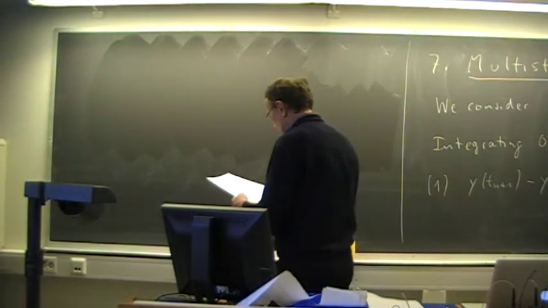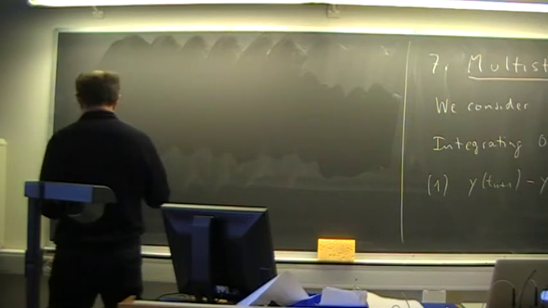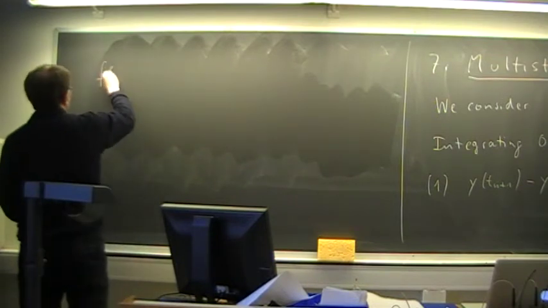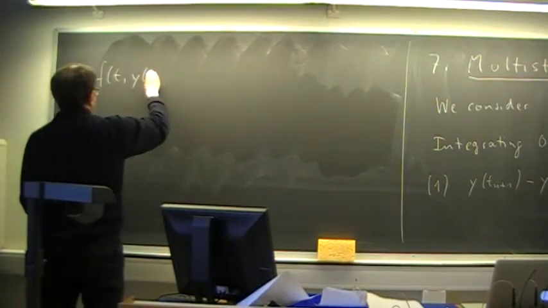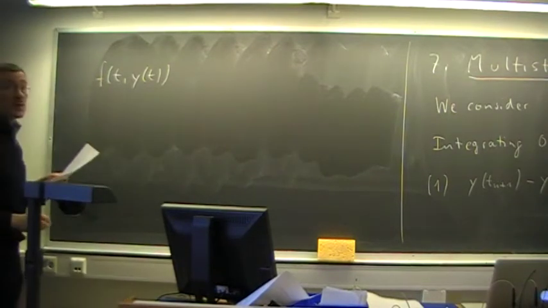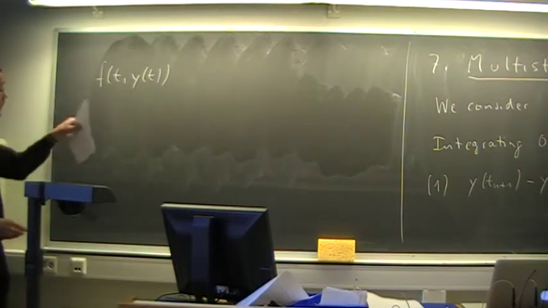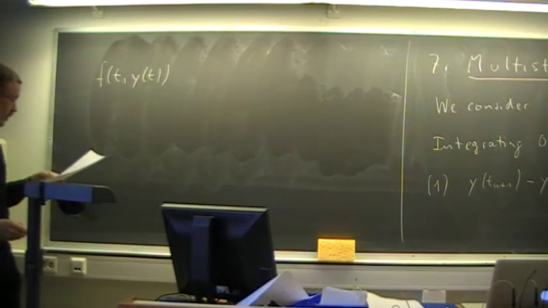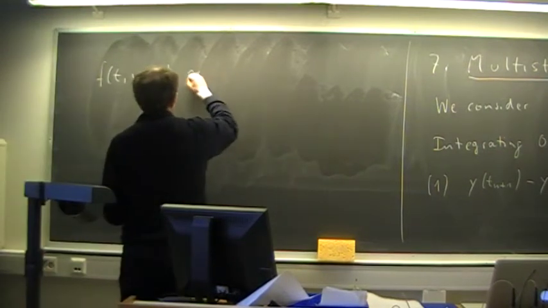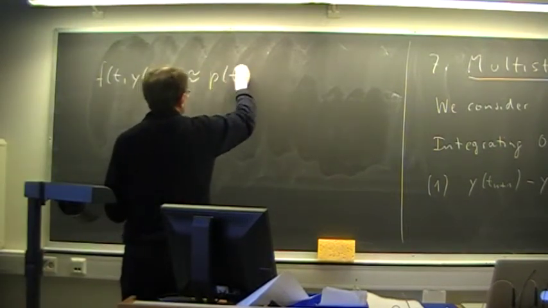So what we do is we approximate our right-hand side of the ODE, which is a time-dependent function, by a polynomial in t.